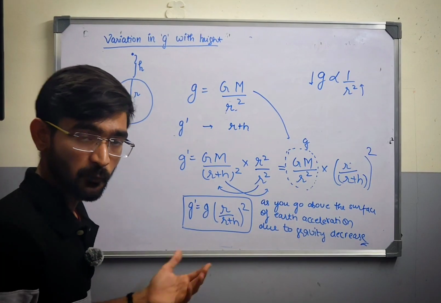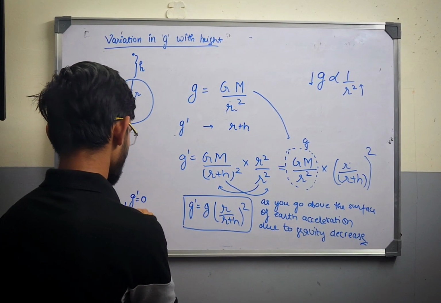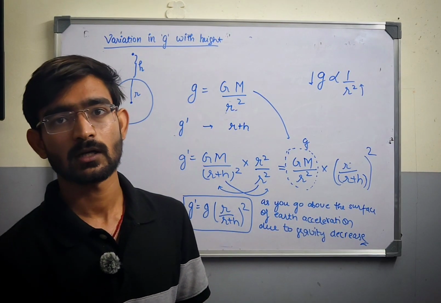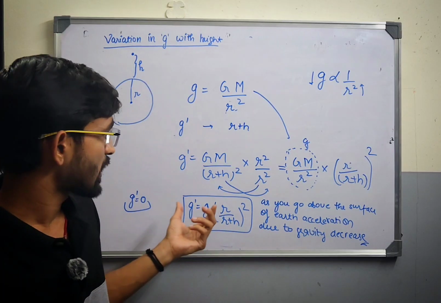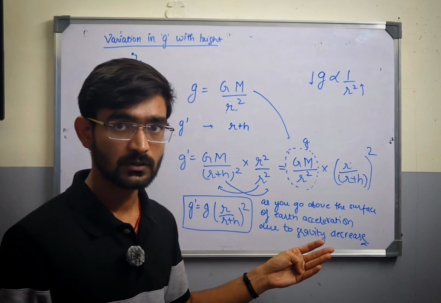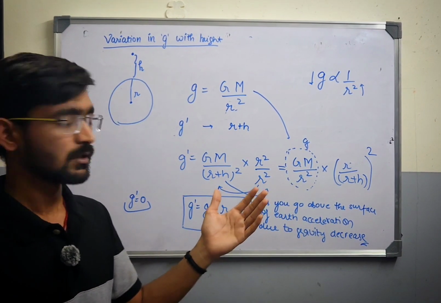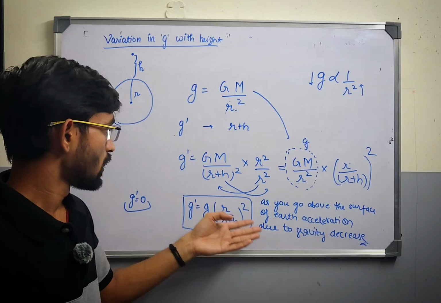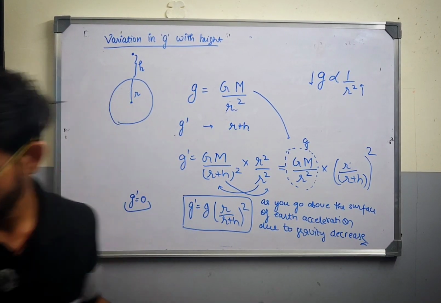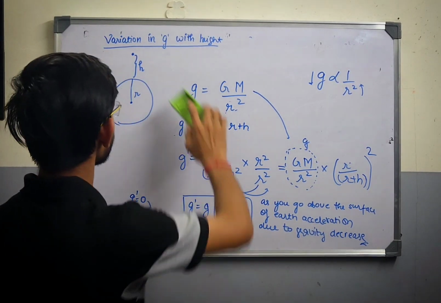So at some point, g prime will be zero, and at that point there will be no atmosphere, because this gravitational force holds the atmosphere above the Earth, and when this gravitational force becomes zero, there will be no atmosphere. So remember this formula, this is important.